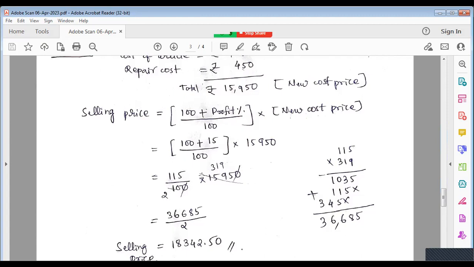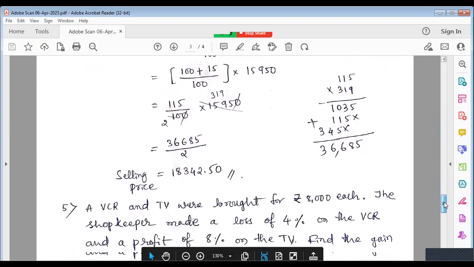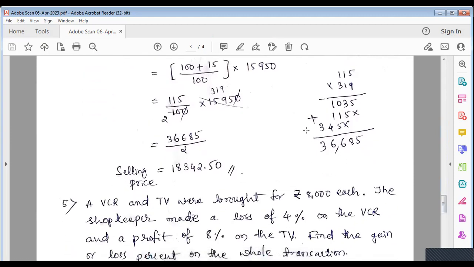So 115 into 319. I have shown here how to multiply these two, and I hope you know the multiplication of 3-digit numbers. So note this down, and divide by 2. So it is 36,685 divided by 2, so it becomes 18,342.50. So this is the selling price.